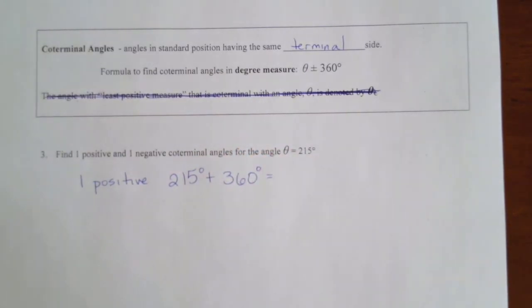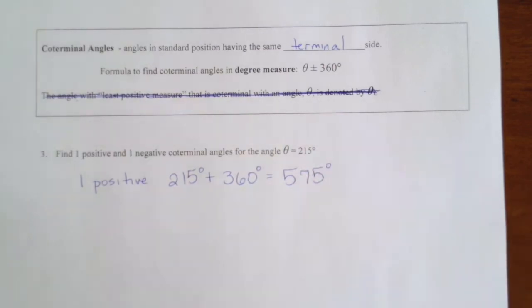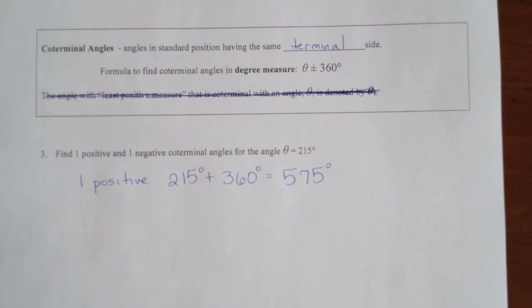It doesn't really matter, you could add 720, and that would still be a coterminal angle. As long as it's a multiple of 360, it would work. So we'll just do it one time. That's 575 degrees. If we drew 215 and we drew 575, their terminal sides would end up in the exact same spot.